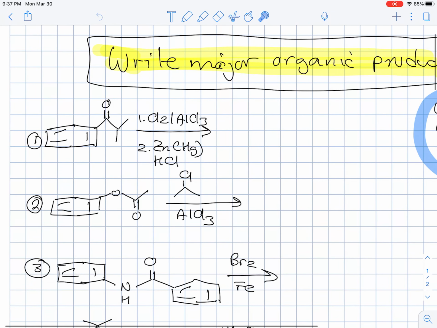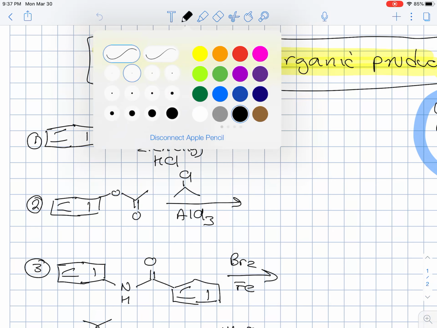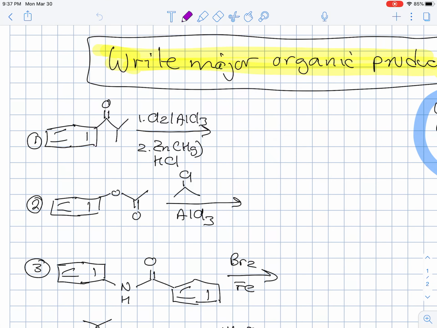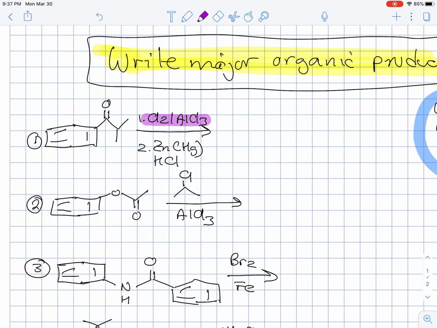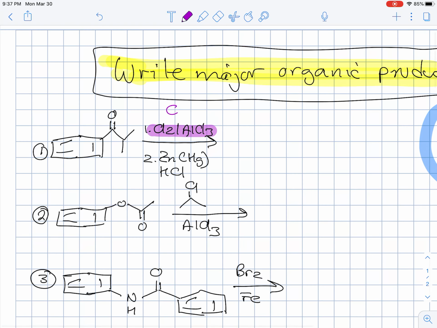So, starting with the first one here, if we look at the first set of reagents, what's going to add here is chlorine, right? And let's not worry about what happens next until we get there.